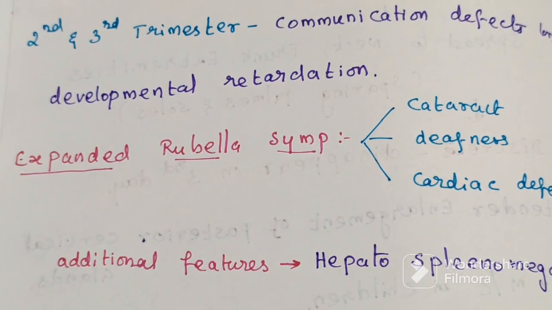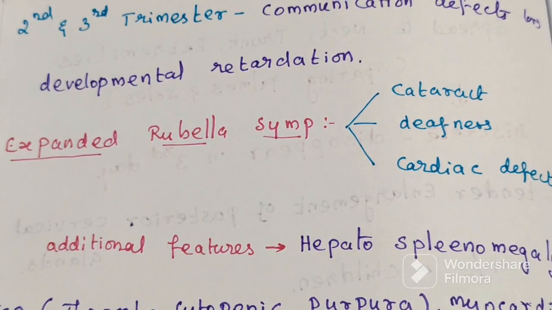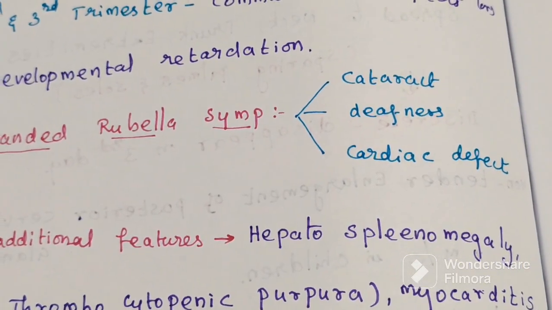In some cases, expanded rubella syndrome is seen. Normally it causes cataract, deafness and cardiac defect.